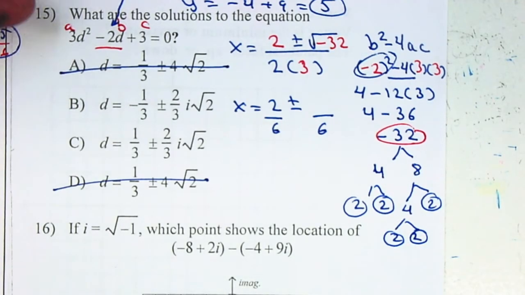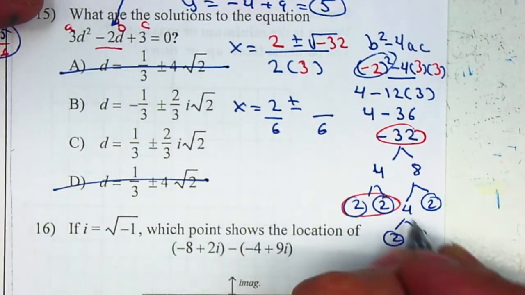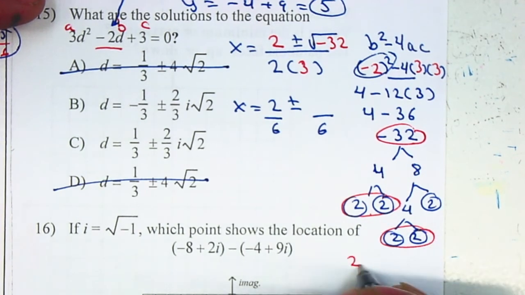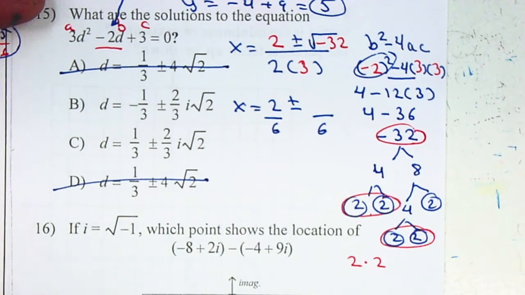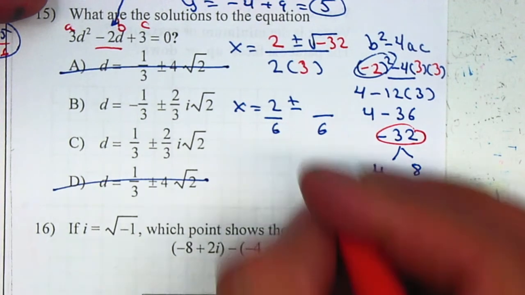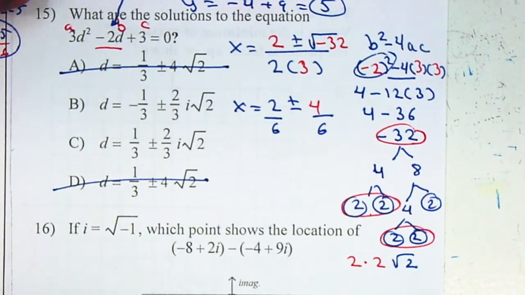If I place them all together, I'm going to take out my twins. That's one of them. That's the other one. So outside, I'm going to have a 2 and a 2. Inside, I'm going to have a 2. So it gives me 4 square root of 2. Or you can think, square root of 32 is 16 times 2. Square root of 16 is 4.